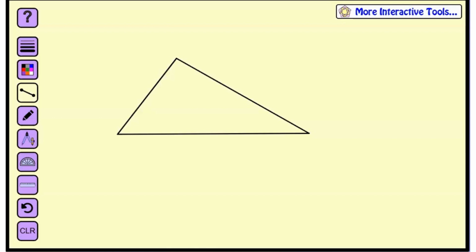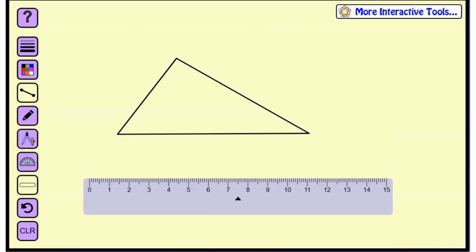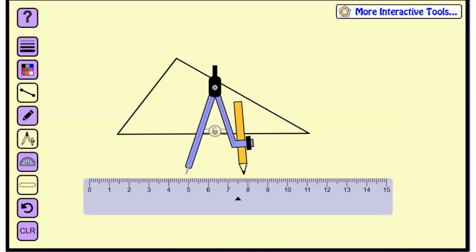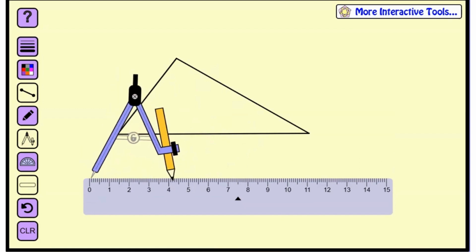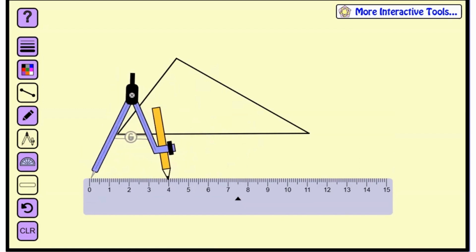So it said less than 4 centimeters from A. So what we do is we take our ruler, take our compass, open it to 4 centimeters.